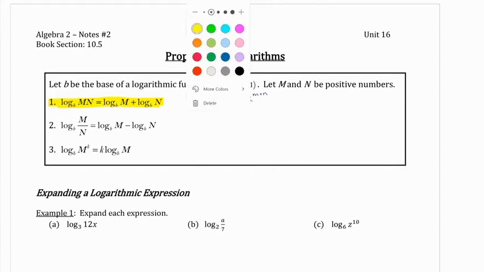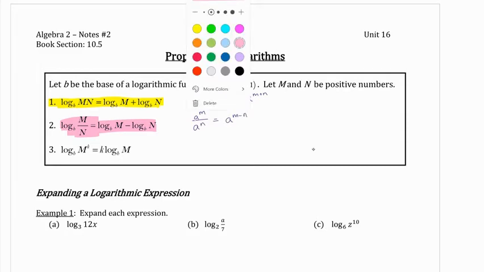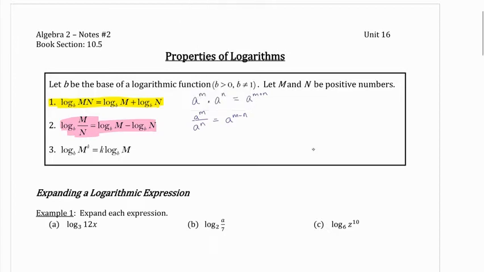The next one, we've then got division of logarithms turns into subtraction, and we can separate it. And again, if you guys remember, if you've got a to the m over a to the n, that's the same as a to the m minus n, right? And finally, our last one, if you've got something to a power, that power can come out in front of something, right?